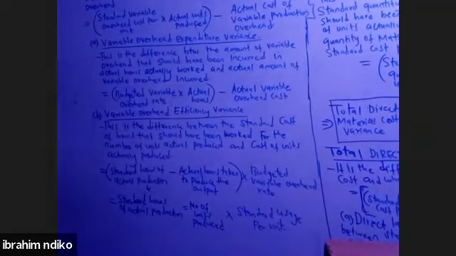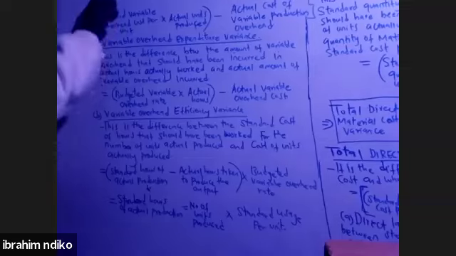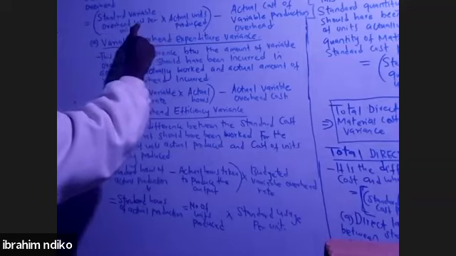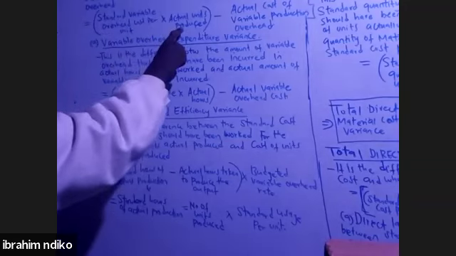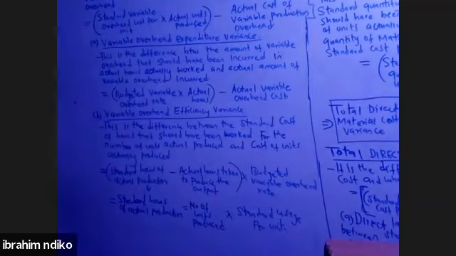So you have two of them. And remember, for you to get the total variable overhead production, you can use this formula: standard overhead cost per unit, multiplied with the actual, then you minus the actual variable production cost.